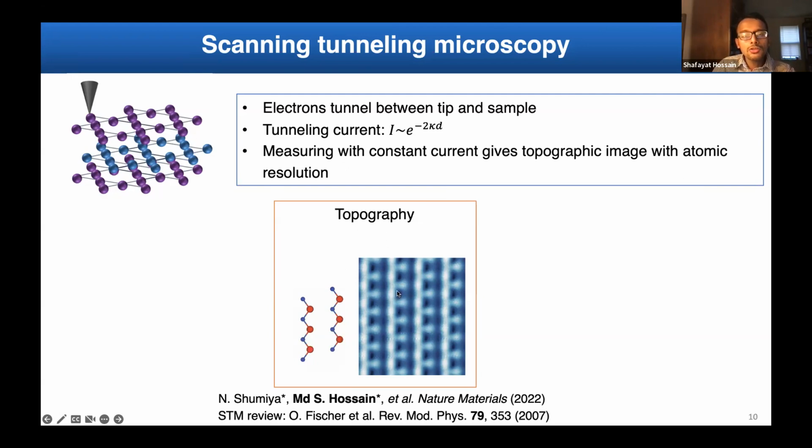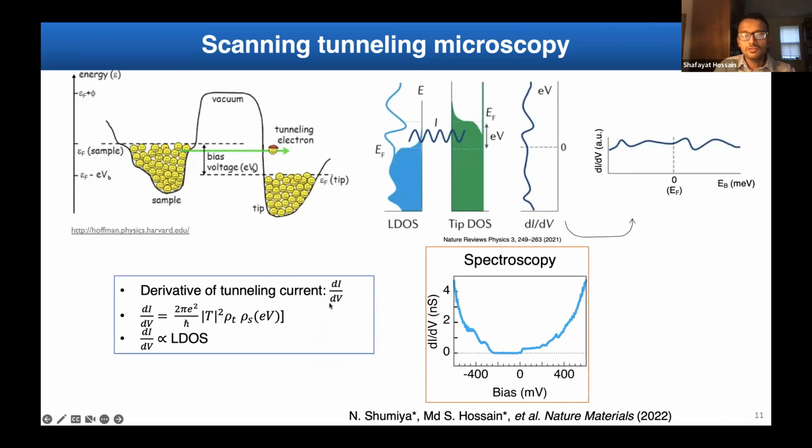Also, we can take a derivative of the tunneling current, which gives us this dI/dV. This dI/dV is a convolution between the local density of states of the sample and the tip. If the tip density of states is as simple as this, then dI/dV is proportional to the local density of states of the sample.